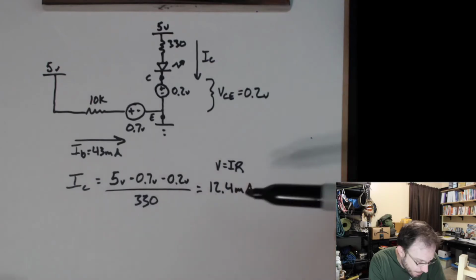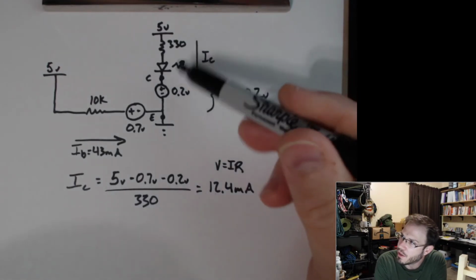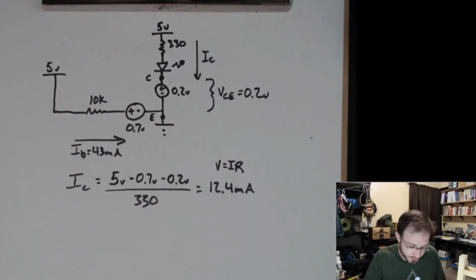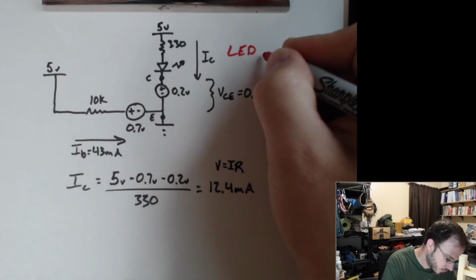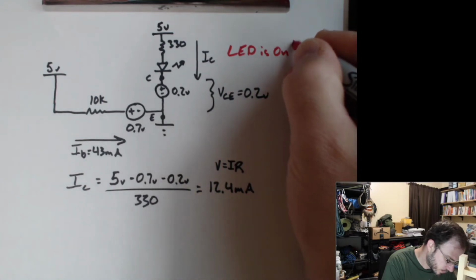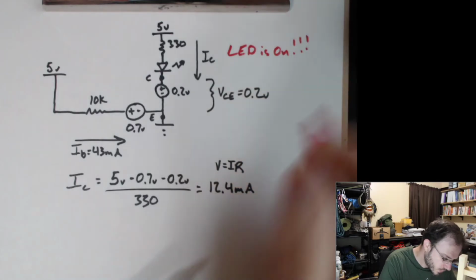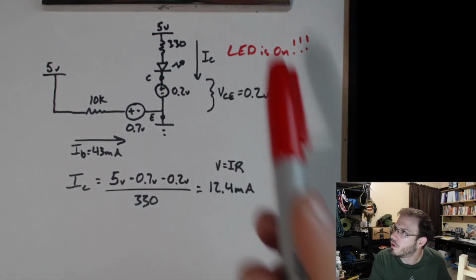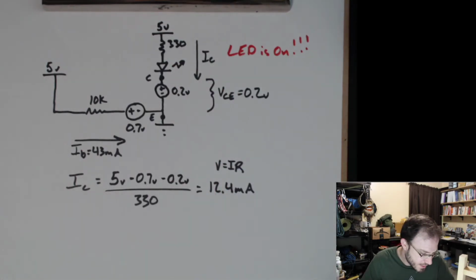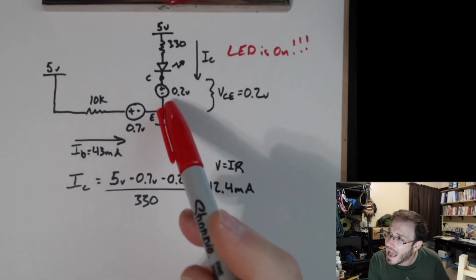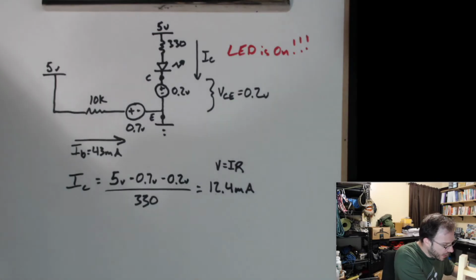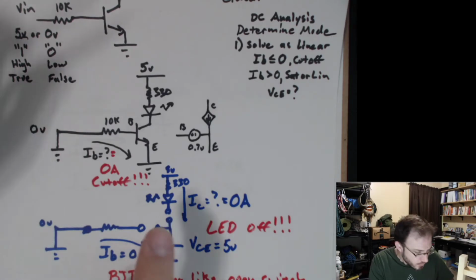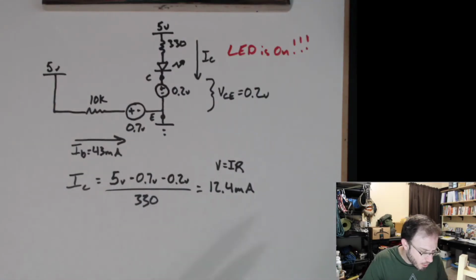Needless to say, 12.4 milliamps flowing through our LED is enough to make it on. And so this is a perfect example of using our transistor as a switch. In one case we have saturation, and in the other case we had cutoff.